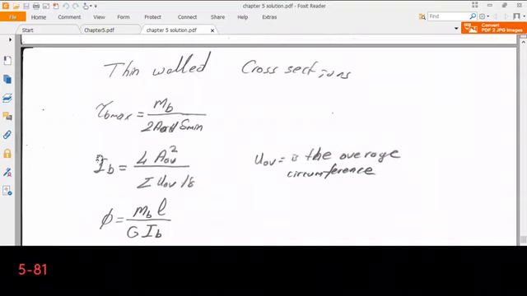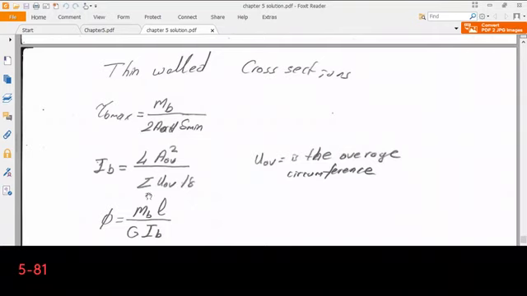So rotational moment of inertia can be calculated as 4 times the square of the area divided by the sum of the U average divided by delta. So delta is the thickness of that part.